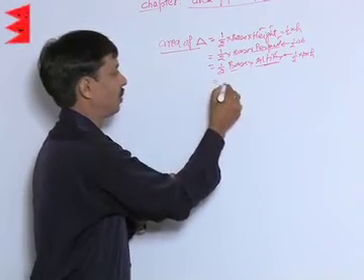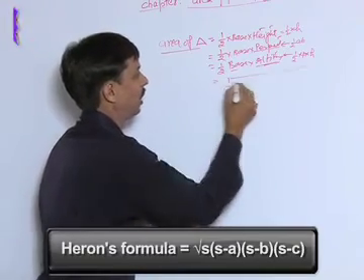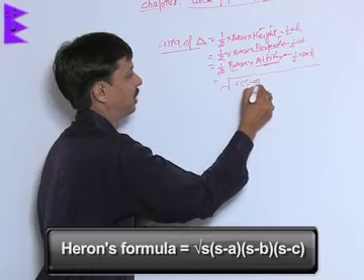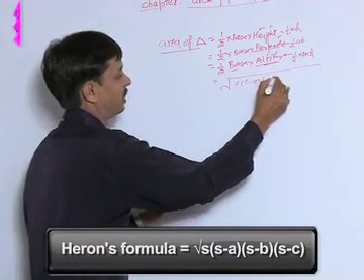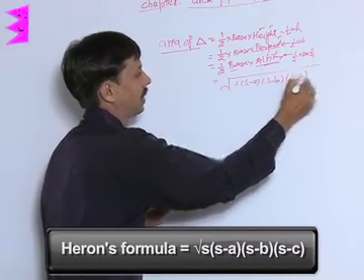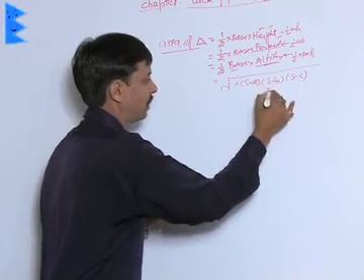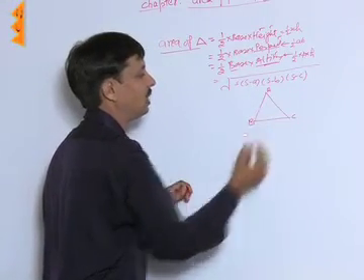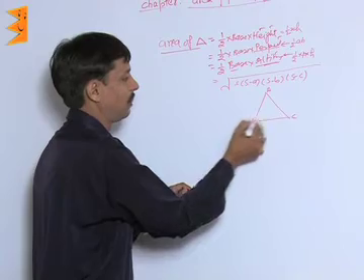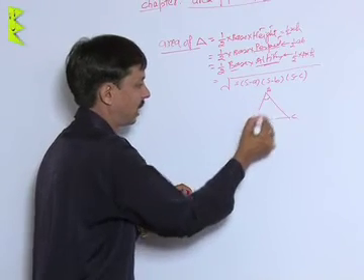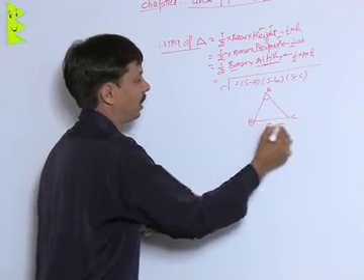What is Heron's formula? It is root of S into S minus a, S minus b and S minus c, where I would like to explain specifically what these a, b, c and S are. The triangle's name is ABC, the length of the side opposite to A is a.